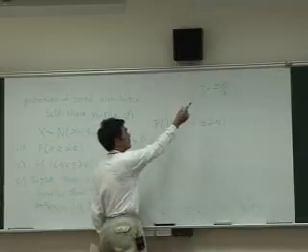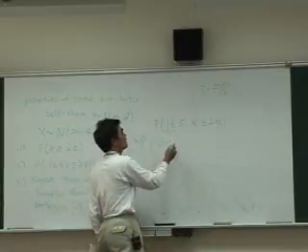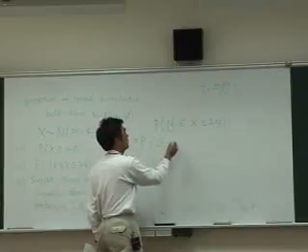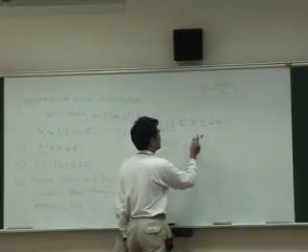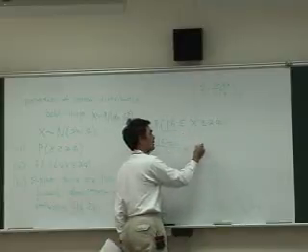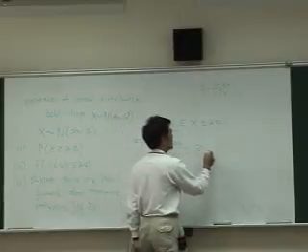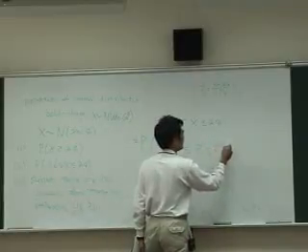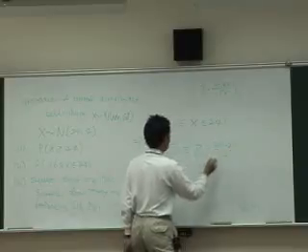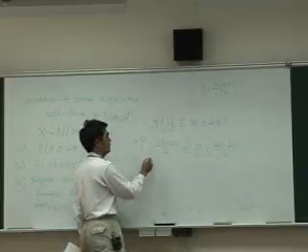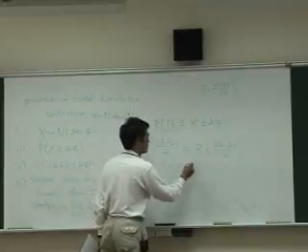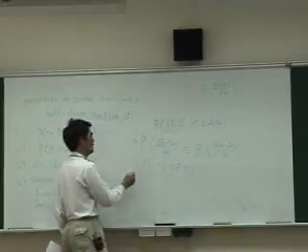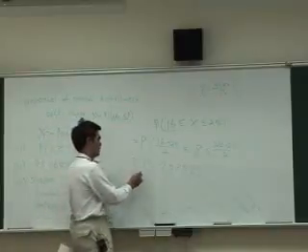The same thing: 16 minus mu x, which is 20, divided by sigma x, which is 2, is greater than or equal to, now it is z. And then the same thing, 24 minus 20 divided by 2. So what you get is P of negative 2 less than or equal to z, less than or equal to 2.